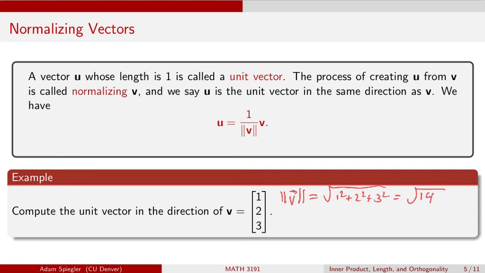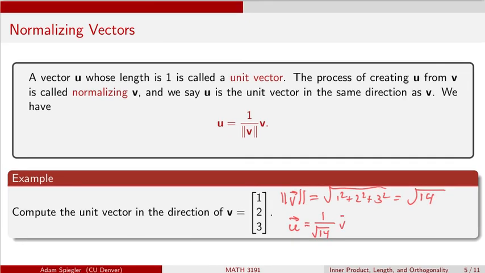So if I want to find the unit vector in this direction, I multiply v by 1 over the square root of 14. When I multiply a scalar times a vector, we scale each component of the vector by 1 over the square root of 14. So my first entry is 1 over the square root of 14, my second entry is 2 over the square root of 14, and then 3 over the square root of 14.